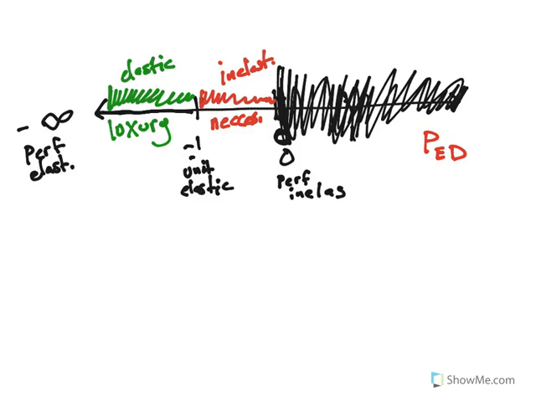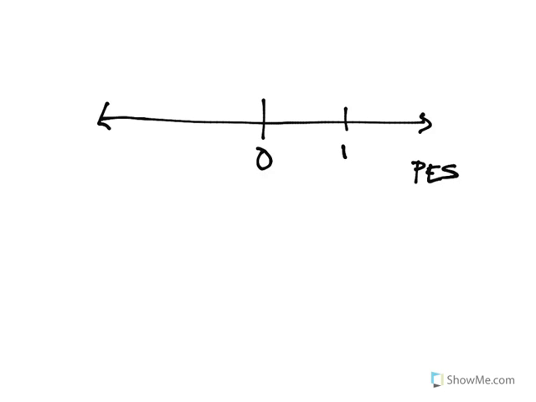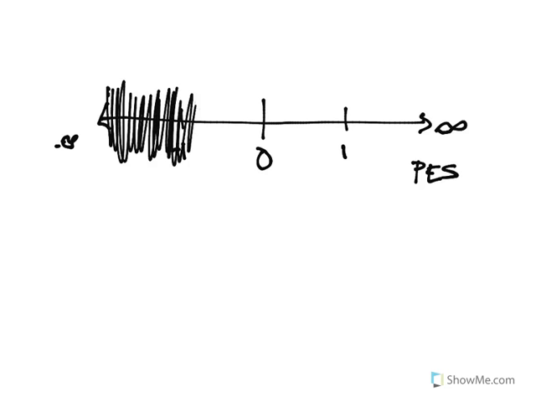Okay, let's do the same using a number line for price elasticity of supply. So price elasticity of supply, 1, negative infinity, infinity, and again, in this case, we don't have to worry about that range at all because price elasticity of supply is always positive.